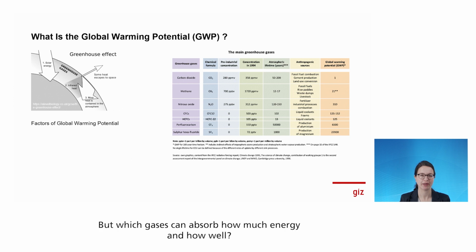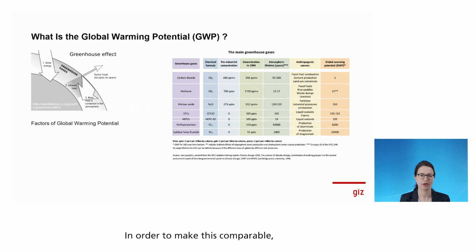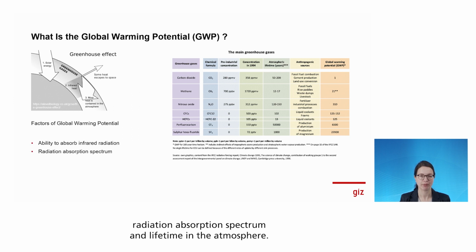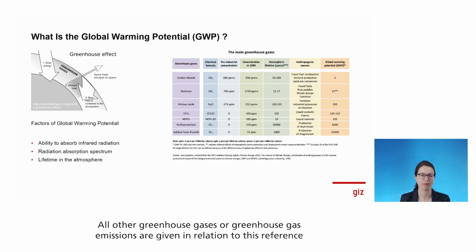But which gases can absorb how much energy and how well? In order to make this comparable, a reference gas was agreed upon as early as 1996, the well-known CO2. It thus has the greenhouse gas potential of 1. The greenhouse gas potential is made up of the following factors: the ability to absorb infrared radiation, the radiation absorption spectrum, and the lifetime in the atmosphere.